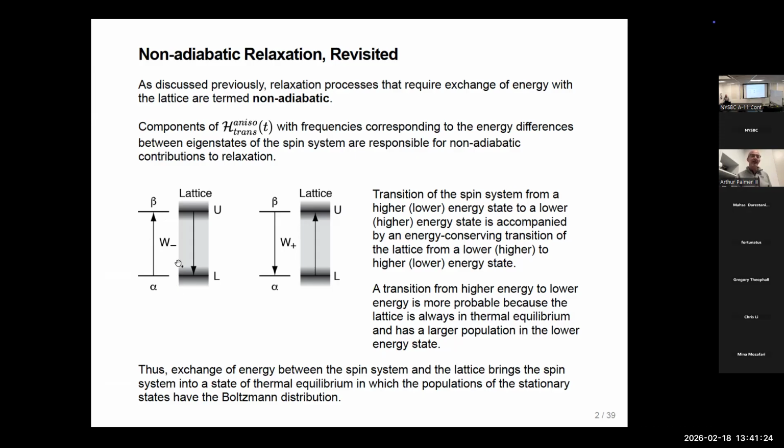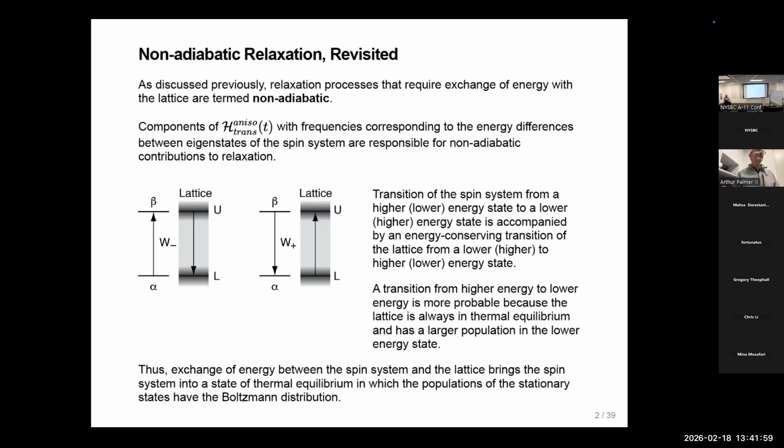And this has to do with the fact that the spins are embedded in what's called the lattice in NMR. The lattice is all the other degrees of freedom other than the spins. So it could be vibrational degrees of freedom, rotation in solution is a big effect, but everything else. And one imagines that the lattice is very big and that it's always in Boltzmann equilibrium.